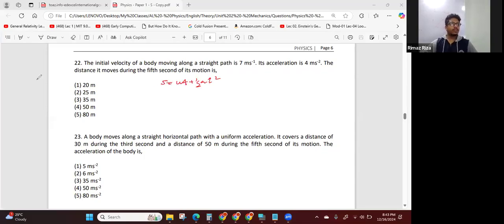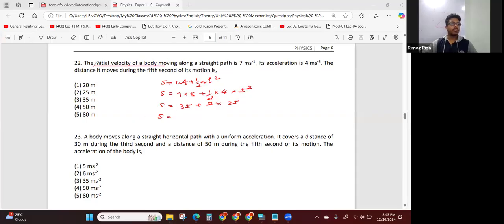So then we have s equals initial velocity 7 into time 5, plus half into acceleration 4 into 5 squared. So s equals 7 into 5, 35, plus 2 into 5 squared is 25, so 50, and 35.